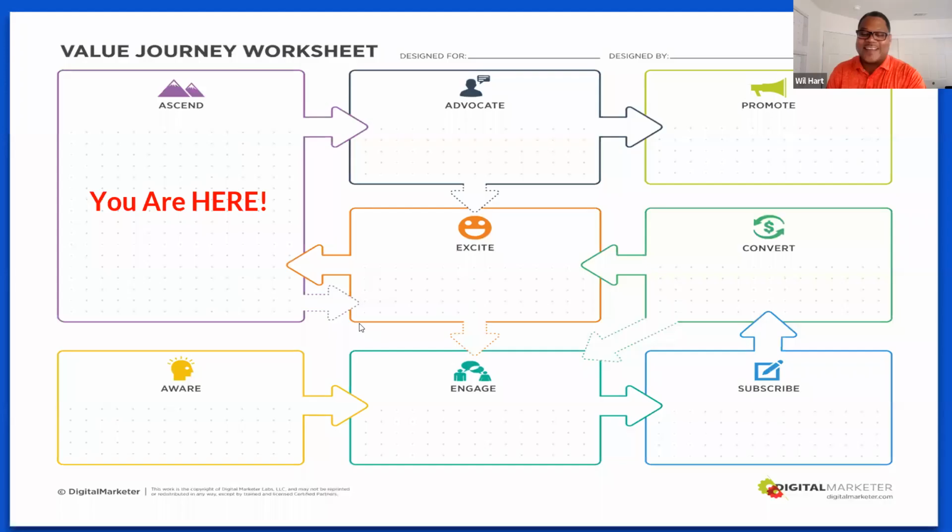Back at my slide, at the Ascend stage, this is where you have your core offer, maybe the thing that most people buy from you. And when someone buys your core offer, let's say you're a chiropractor, and maybe that core offer is a series of 7 chiropractic appointments. That's what the majority of my customers buy. Now, how can you upsell them?